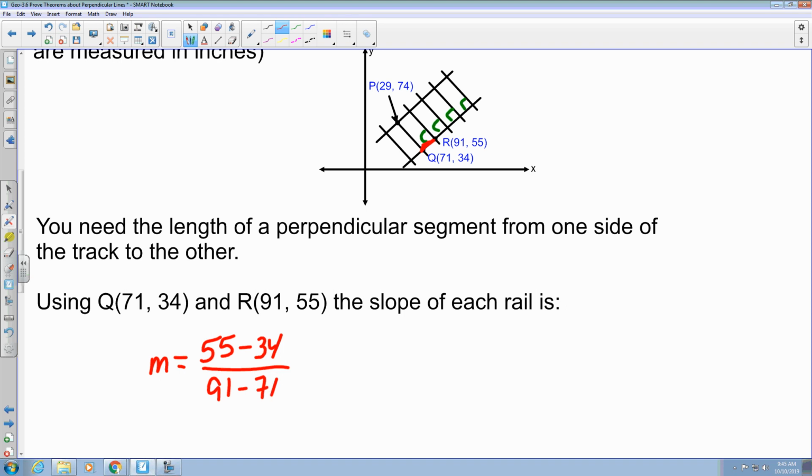It's y2 minus y1 divided by x2 minus x1. So we take 55 and subtract 34, and I get 21 here. And 91 minus 71, I get 20. So my slope of that red line we have up there is 21 over 20.